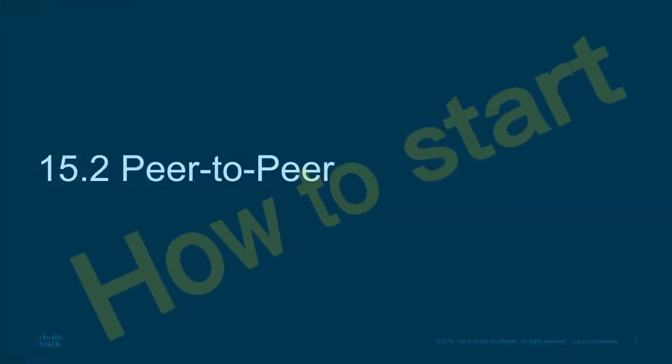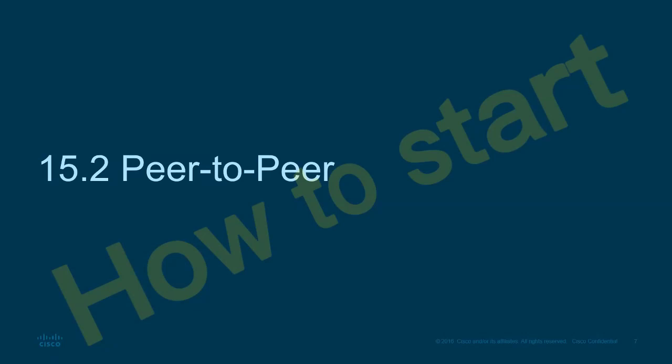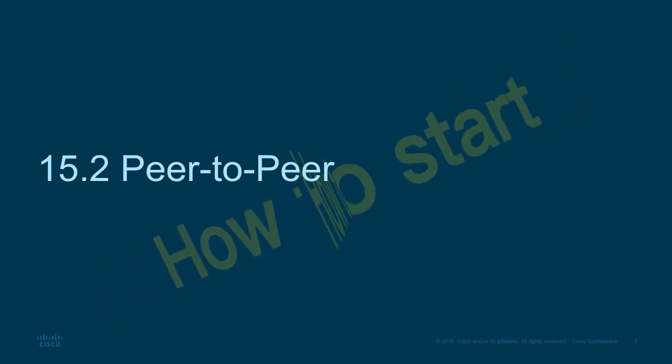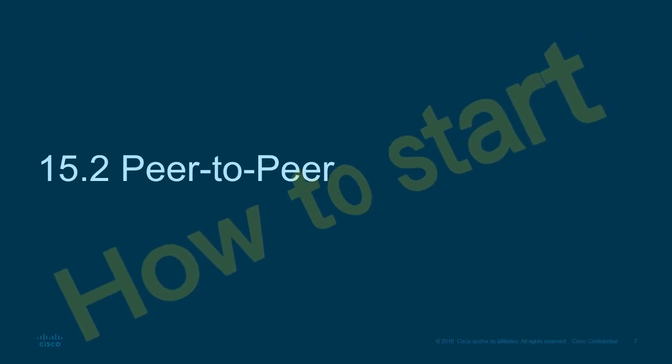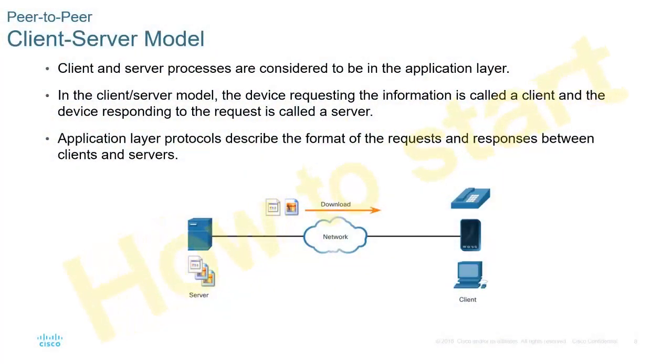So let's go ahead and talk about some server hierarchy models. Peer-to-peer is one of them. The first one we have to talk about is client-server, though. Client-server has a dedicated server, and you have multiple clients that will connect to that one server. Clients can be anything requesting resources that the server serves.